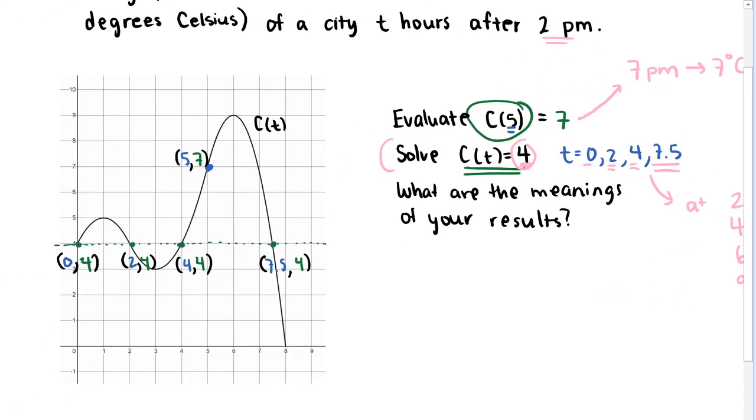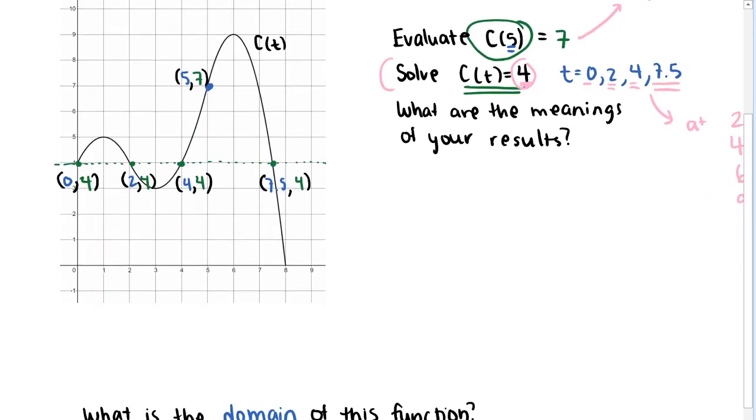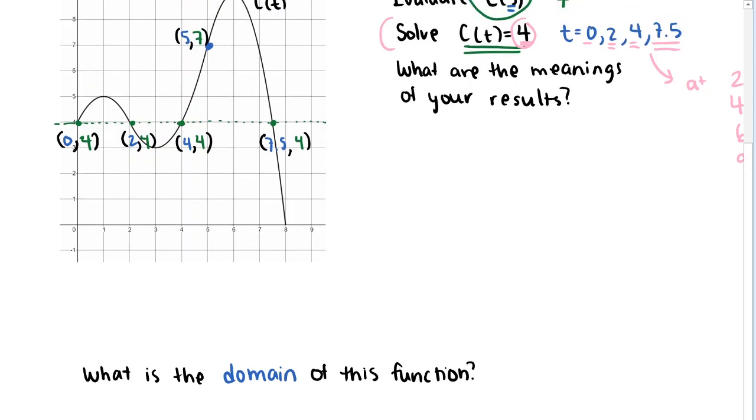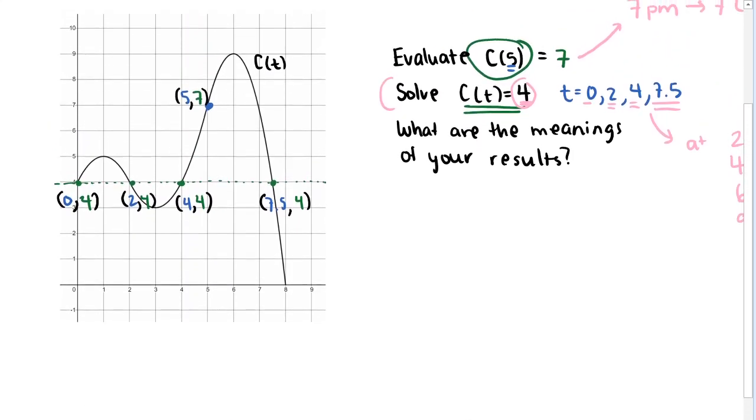Maybe let's apply this idea of domain and range. We defined what domain and range were. The domain is the set of all reasonable inputs, the set of all inputs we see in our function. So what is the domain of this function? Here we can see all the hours of the day that we measured data for, that we could input into this function. For example, we have an input of 0.